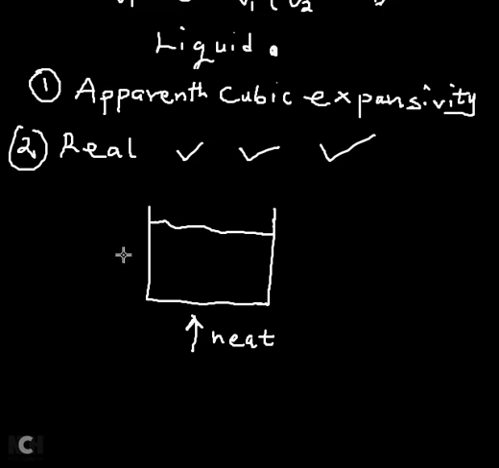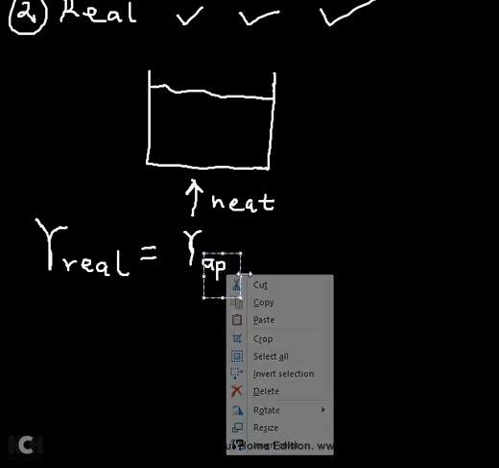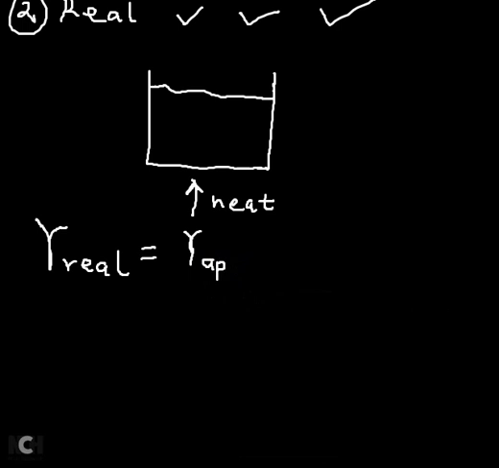So invariably now I can generate a formula for the relationship for the expansivity. The real expansivity is given as the apparent expansivity, that is the expansivity measured without considering the expansion of the containing vessel.